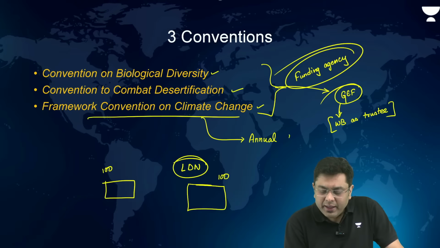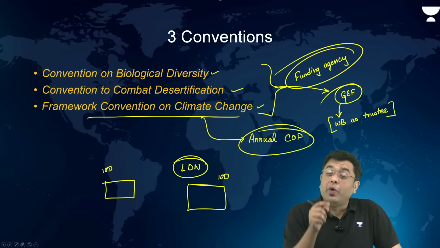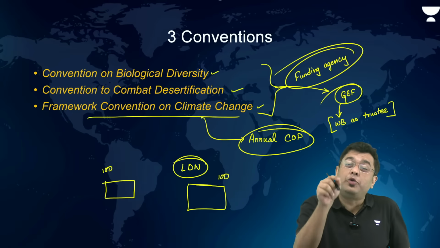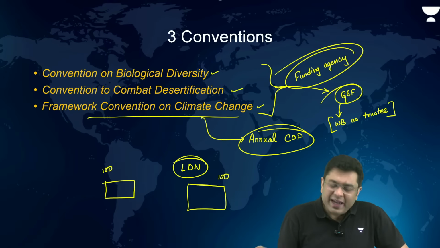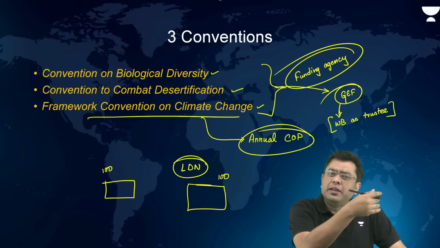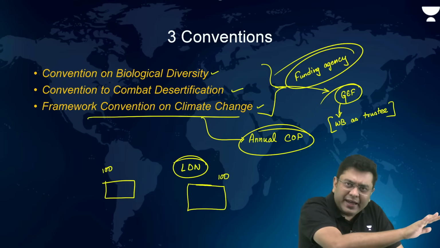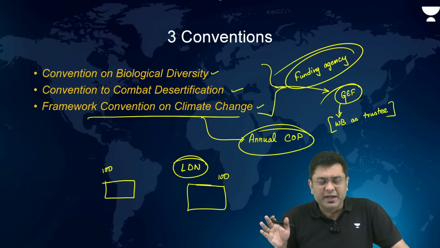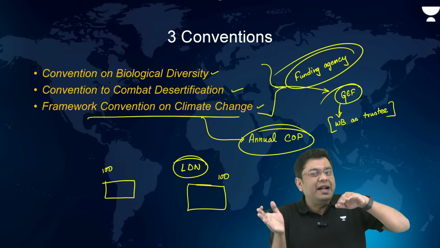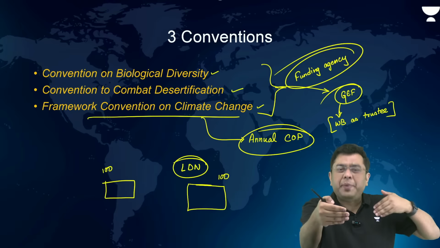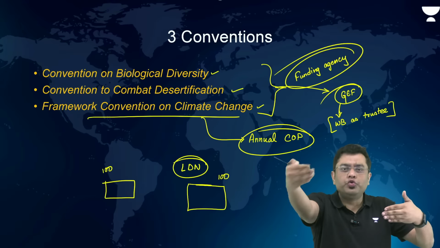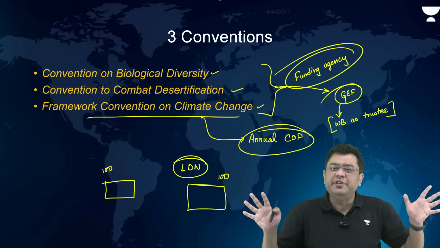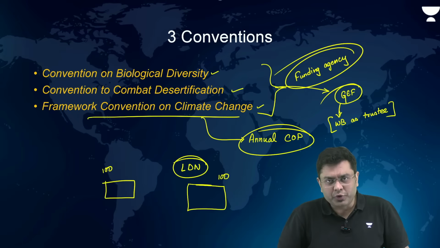That is why recently you had the conference of parties number 29 to Framework Convention on Climate Change, whereas you had the conference of parties number 15 to the Convention on Biological Diversity. So that tells you that there is a kind of a different pace, something which is held annually and something which is held every 2 to 3 years. Both are, all of them are in fact exclusive to each other.